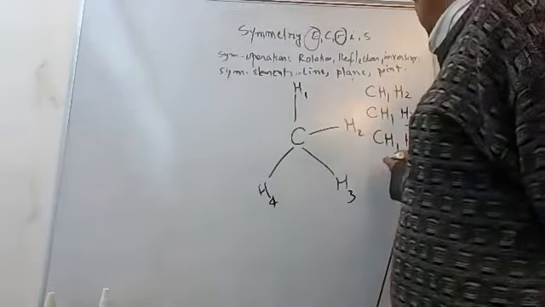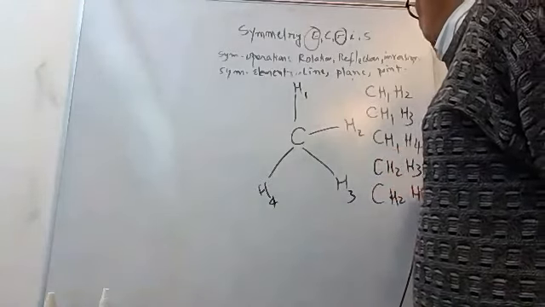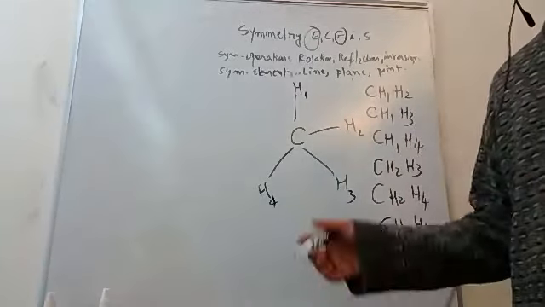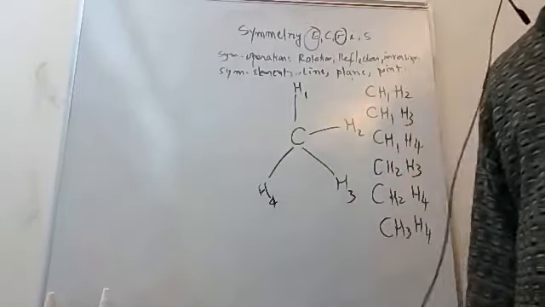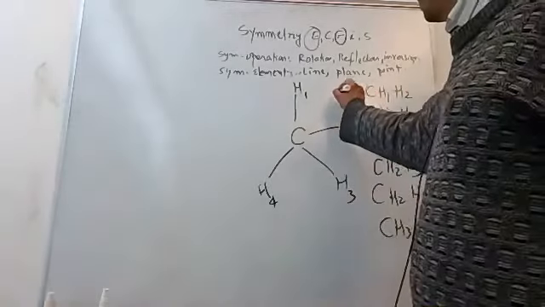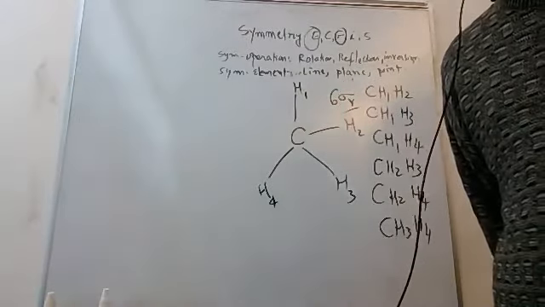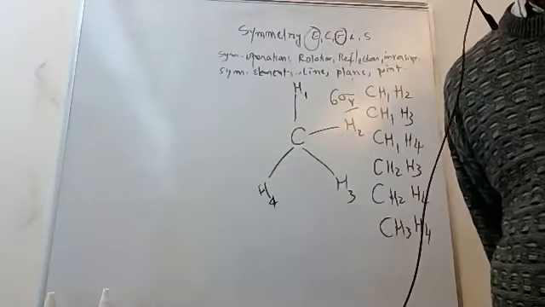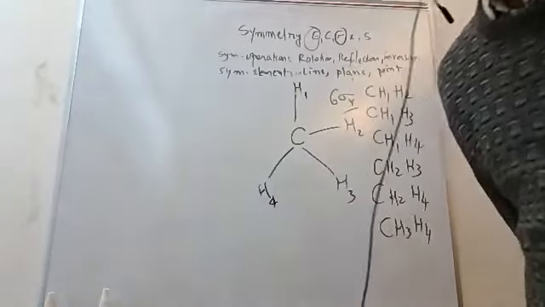Similarly, you can also create a plane of CH2H3, CH2H4, and finally CH3H4. How many planes do we have? 1, 2, 3, 4, 5, 6. So tetrahedral molecules have 6 sigma v's. Am I making sense here, folks?